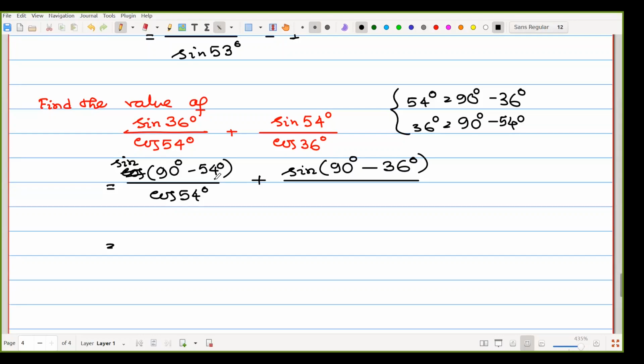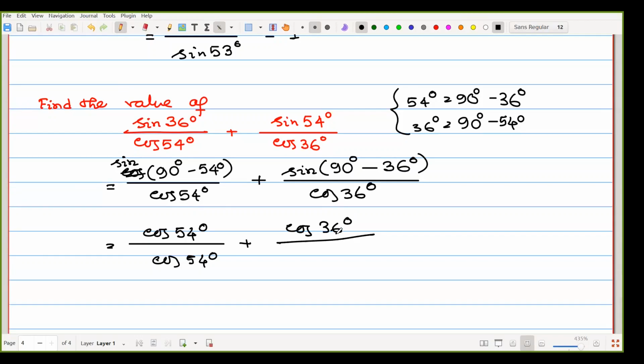So sine 90 minus theta becomes cos 54 degree divided by cos 54 degree plus here also cos 36 degree divided by cos 36 degree, or 1 plus 1, or the value is 2.